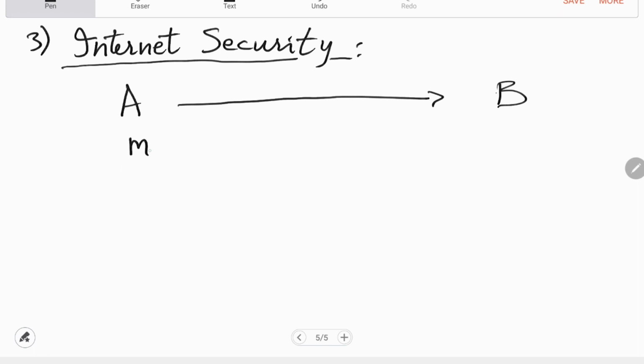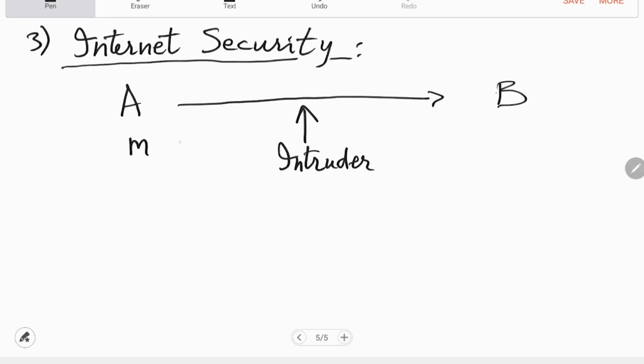The message should be invisible to anybody who is intruding. So an intruder is reading the channel, and the message should be sent in a way such that the intruder is unable to deduce it from CM.